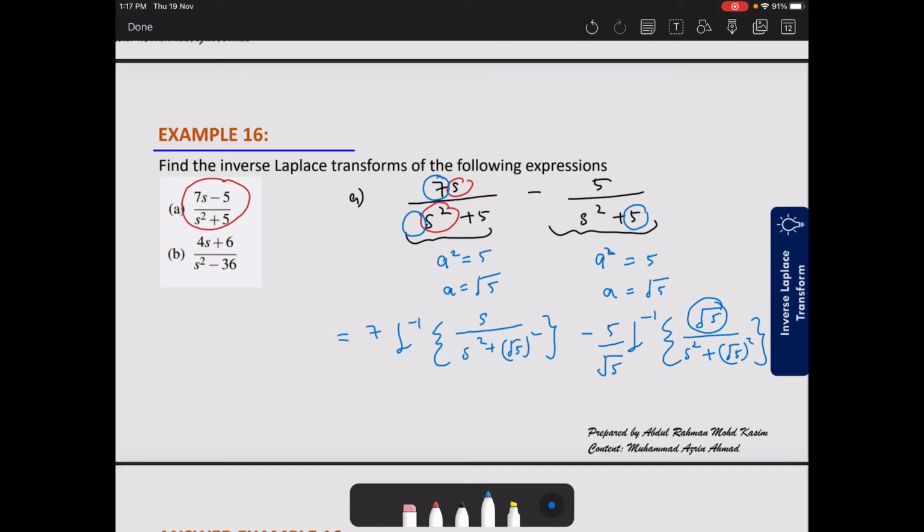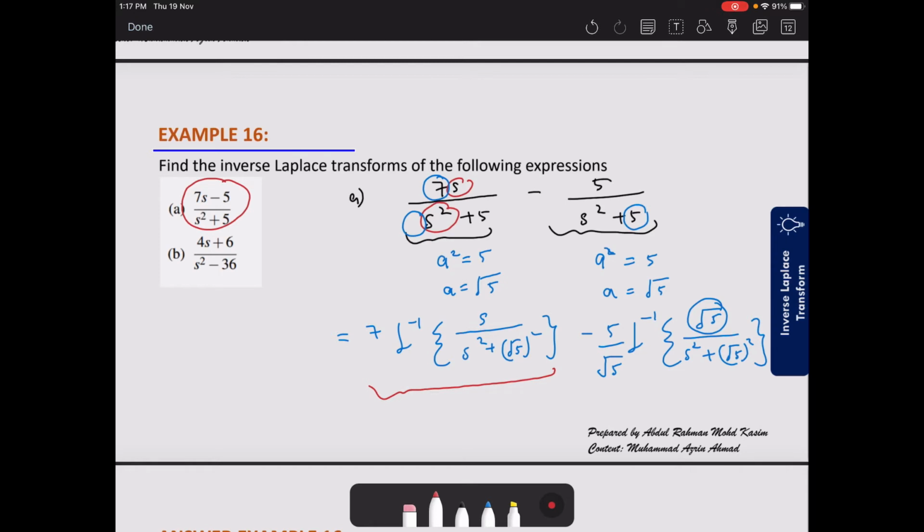Look at here, class, the most important part here is you did not change the equation. You just modify it.